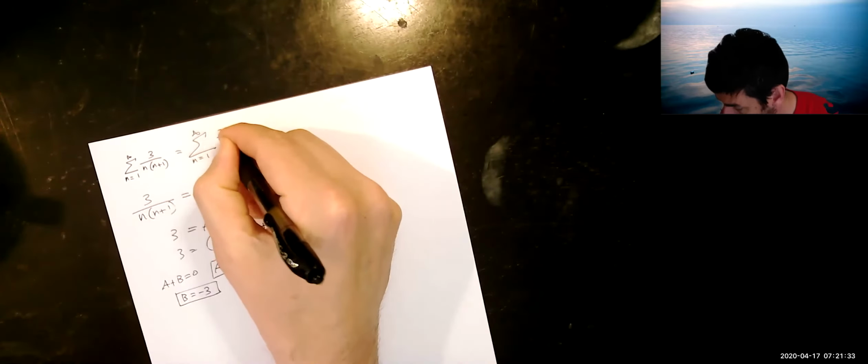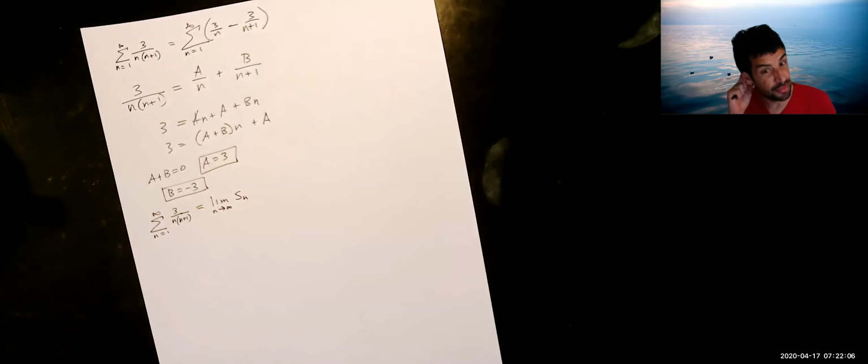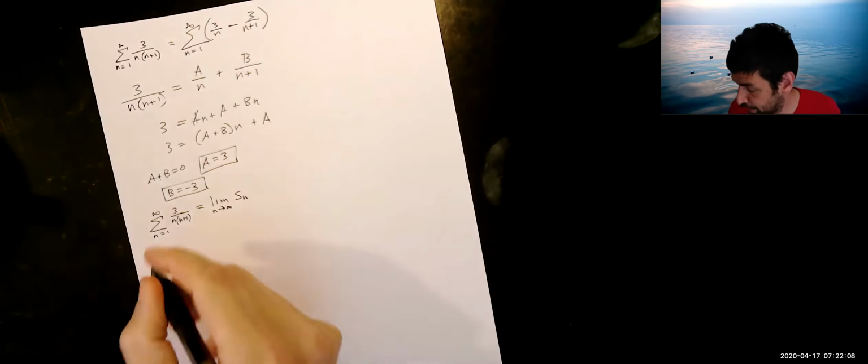Remember, the definition of an infinite sum is that it's equal to the limit of the partial sums, if those partial sums exist. So let's take a look at the partial sums.